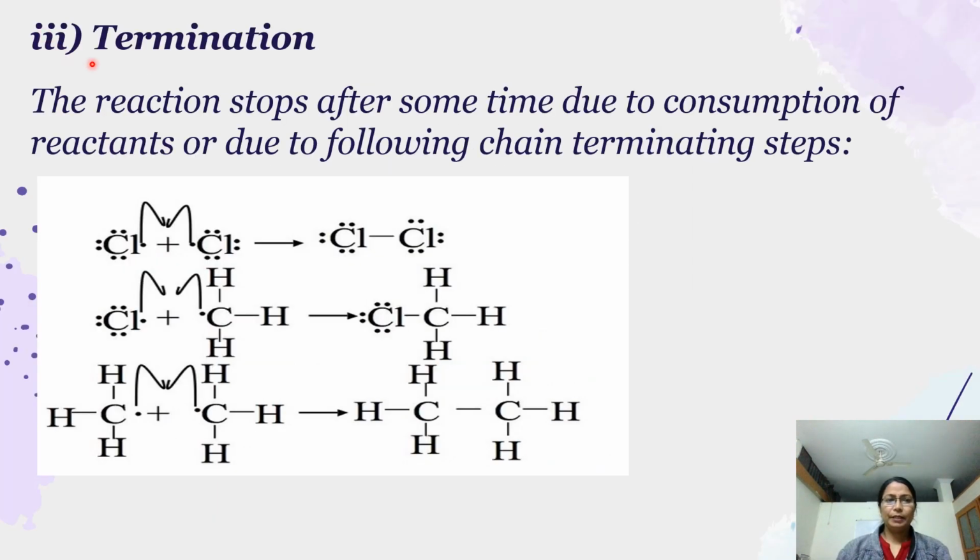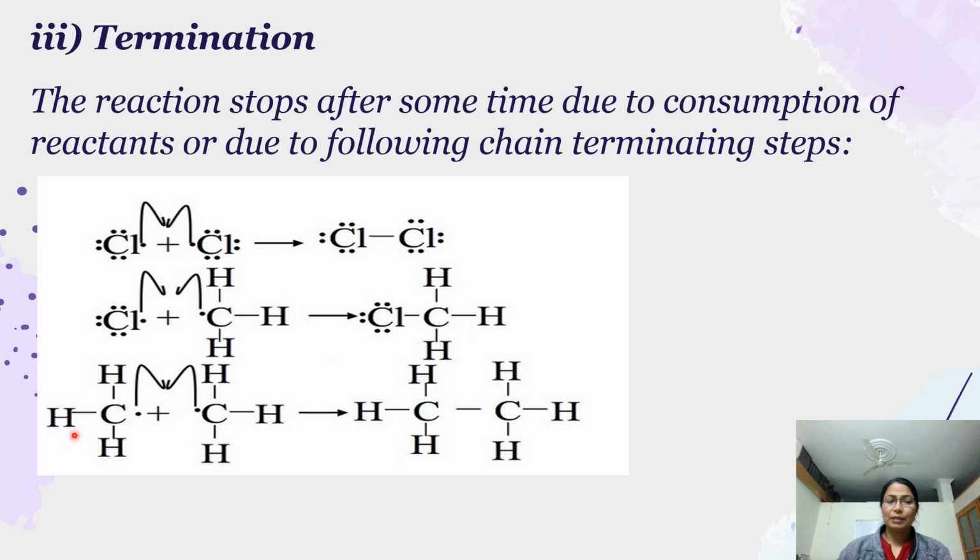Last step is termination. The reaction stops after some time due to the consumption of reactants. When the reactants are finished, the reaction will stop, due to the following chain termination steps. That is, when two chlorine free radicals combine to form a chlorine molecule, and when a chlorine free radical combines with a methyl free radical they form CH3Cl, that is chloromethane.